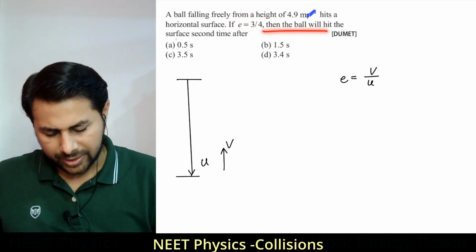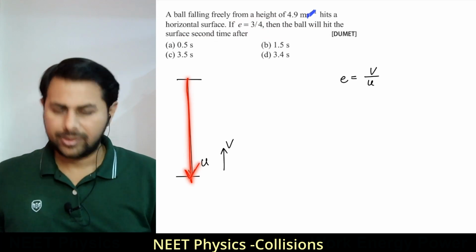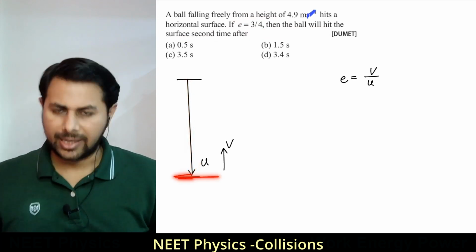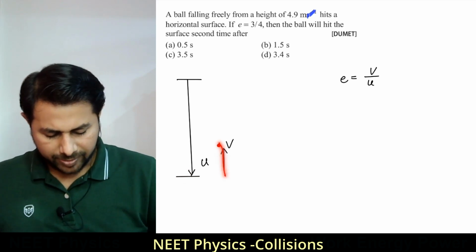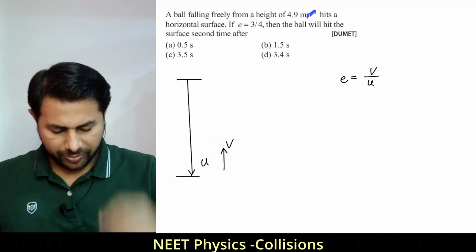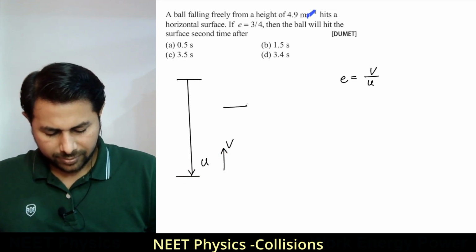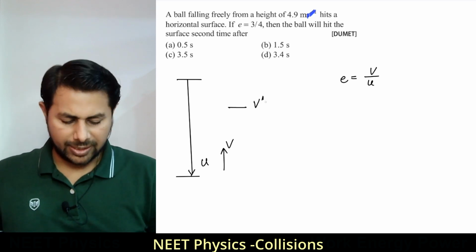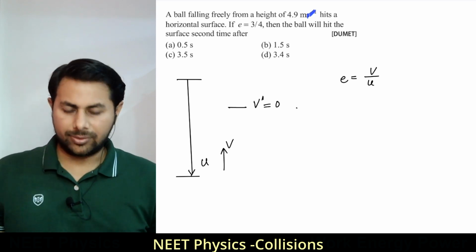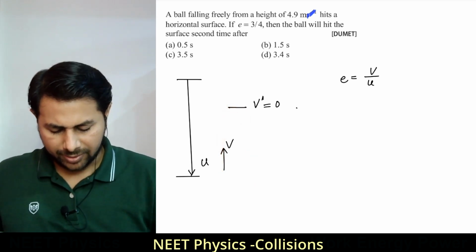Then the ball will hit the surface a second time after what time? Now suppose it hits the ground, and from this moment, t is equal to 0, it goes back with speed v, then it goes to some height. At that height its speed v dash will be equal to 0, and again from there it comes back and hits the ground.